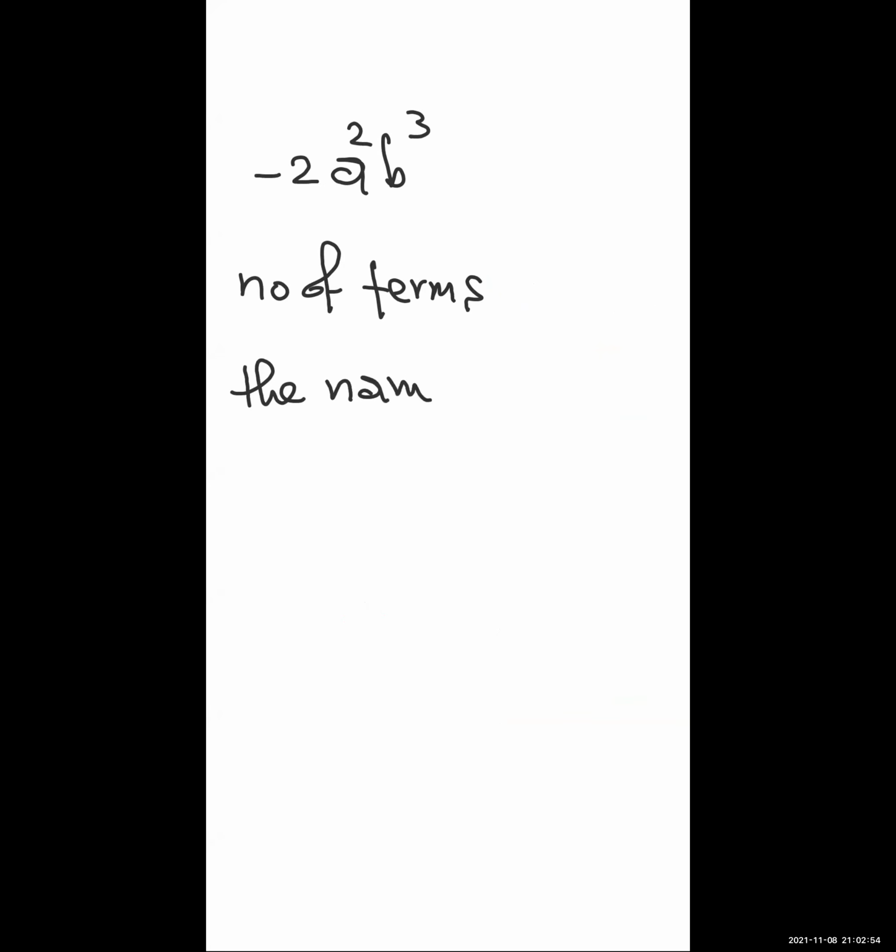Okay, let's continue to this question. -2a squared b to the power 3. I want to get the number of terms, the name, the degree, and the coefficient.